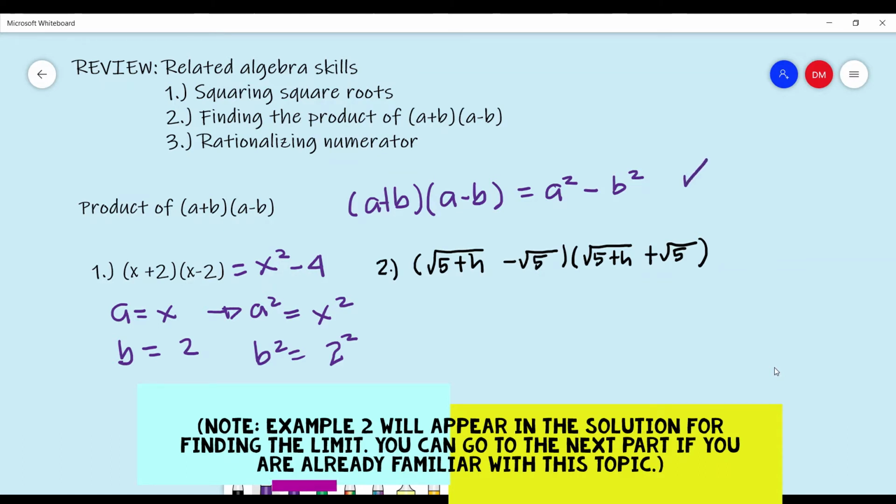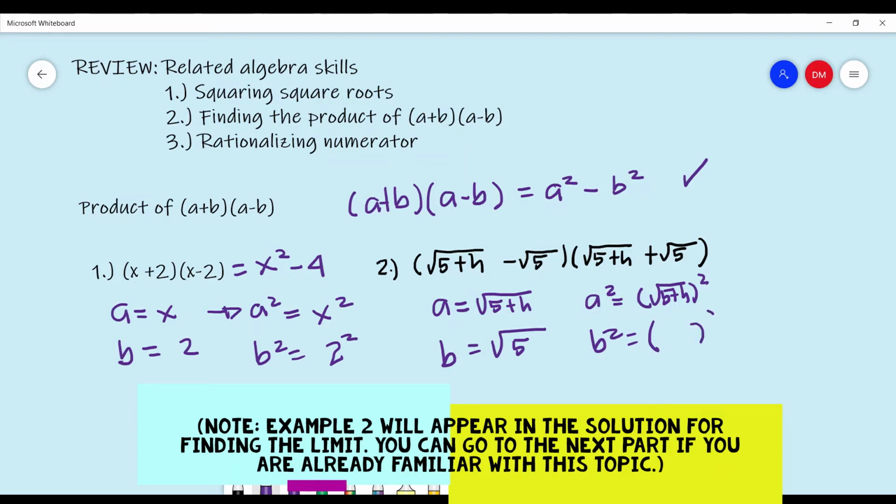For number 2, let us write what is a. So a is equal to square root of 5 plus h, and b is equal to square root of 5. So therefore a squared is the square of the square root of 5 plus h, and b squared is the square of the square root of 5.